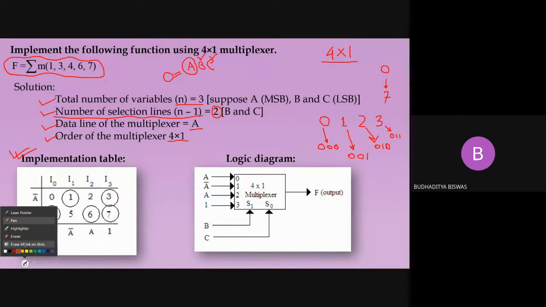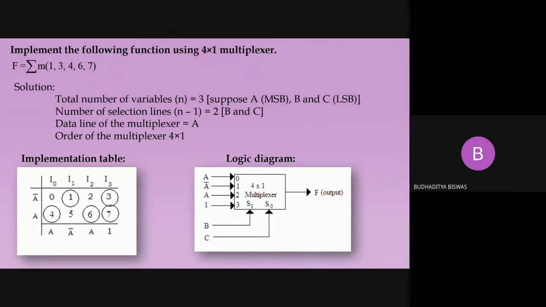Okay. Now tell me another thing. How many minterms can be possible using these 3 variables if the MSB is treated as 1? The minterms are 4, 5, 6, 7.